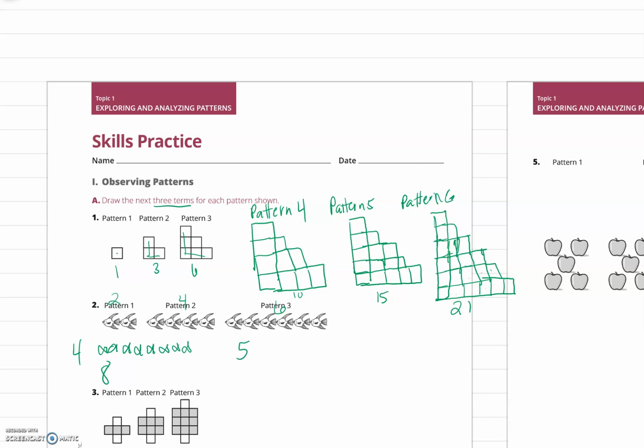All right, so what would pattern 5? Pattern 5, if we added 2 more, we would have 10 fish. Ten fish, and then pattern 6 we would have 12 fish.